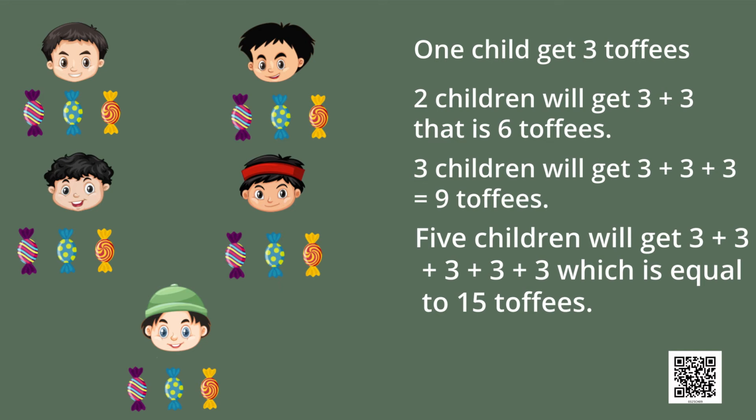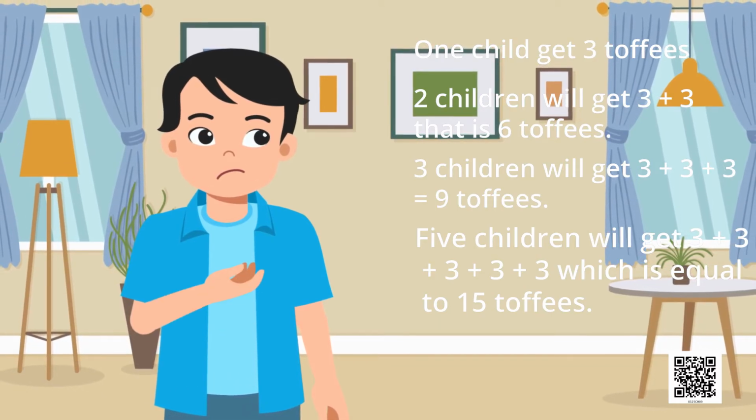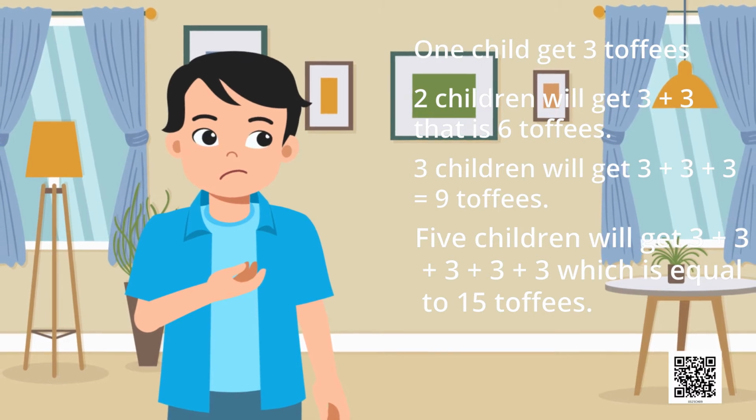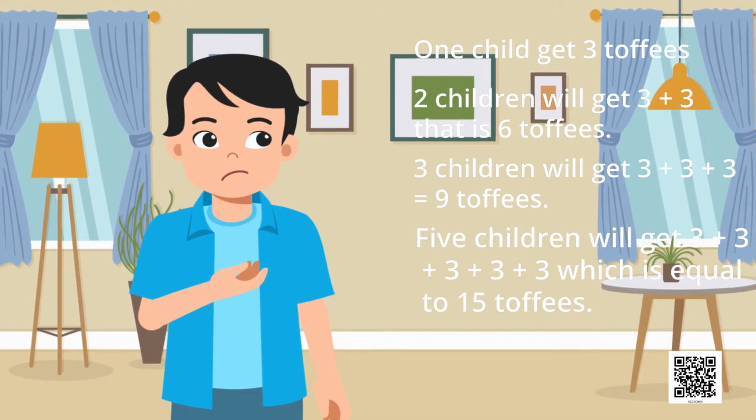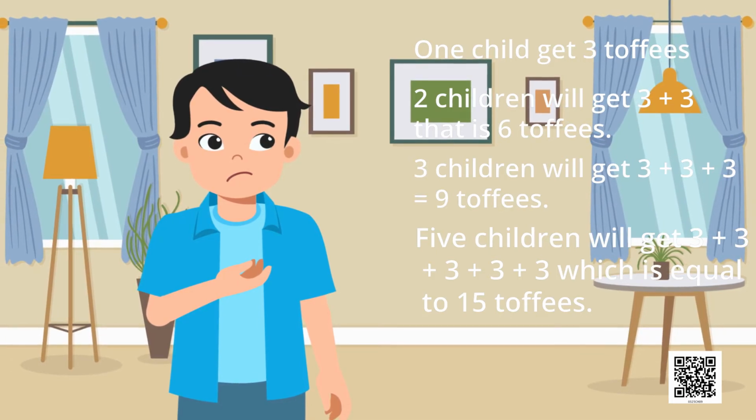equal to 15 toffees. Now he thinks that 15 is 5 times 3. That is, if we multiply 3 by 5, then also we will get 15.